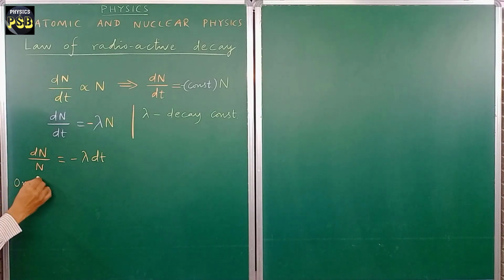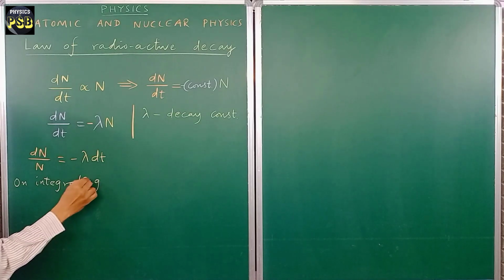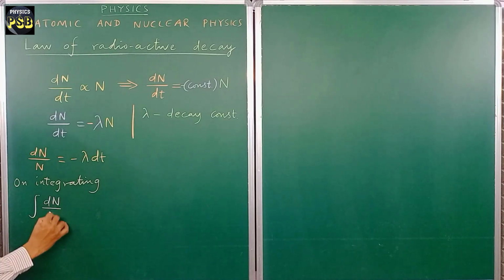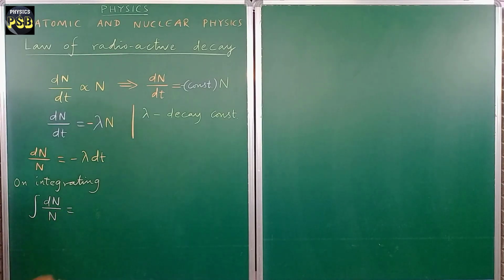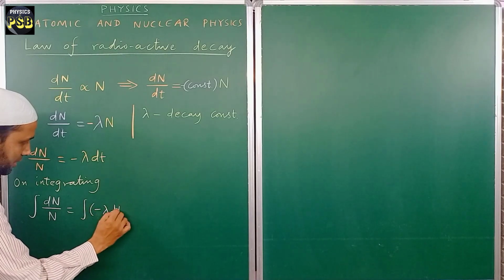On integrating, the above equation gives the value of N. So, integral of dN upon N equals integral of minus lambda dt.